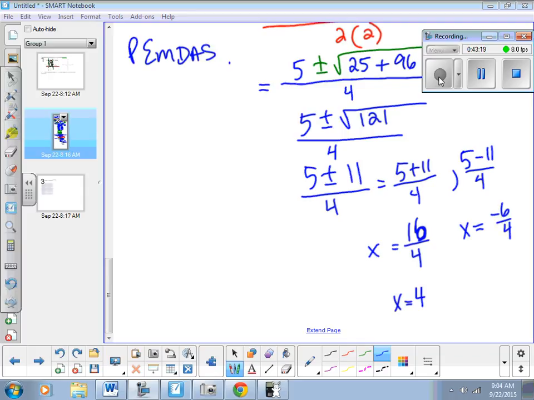Negative 6 divided by 4 is negative 3 over 2, which is negative 1.5. Do 6 divided by 4 in the calculator. 1.5, right? So it's a negative then. You notice those are the exact same answers that I got when I did the factoring.